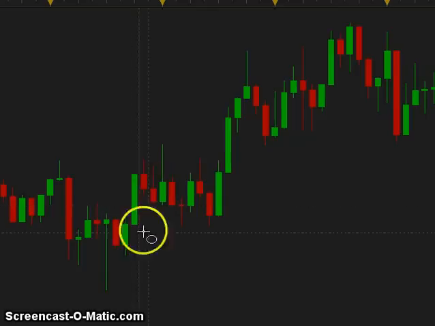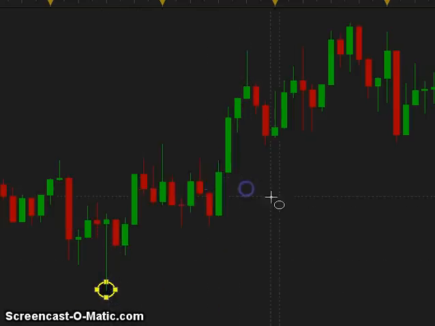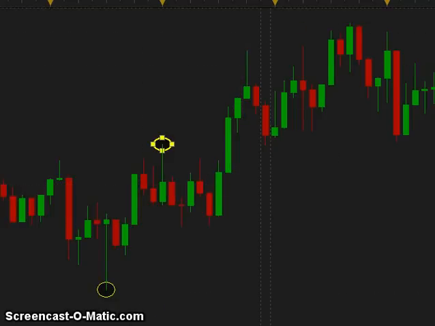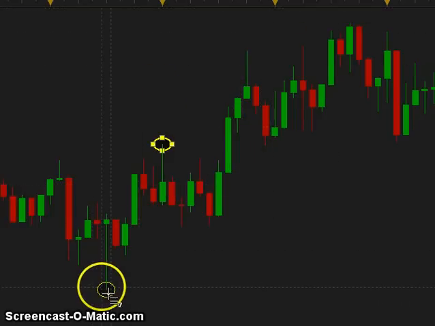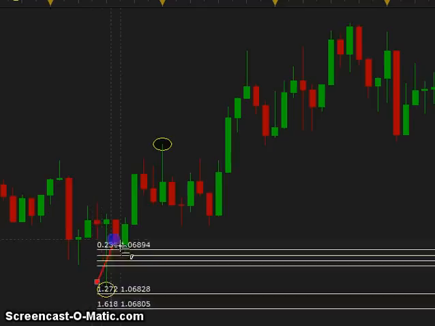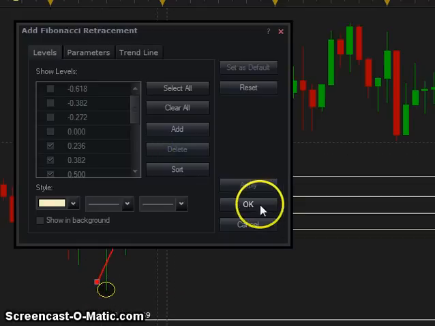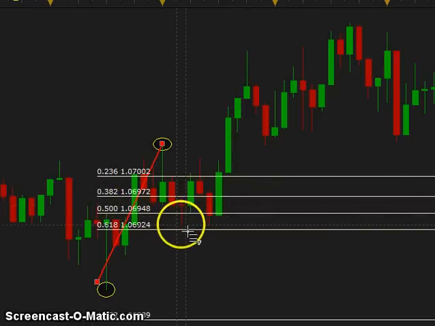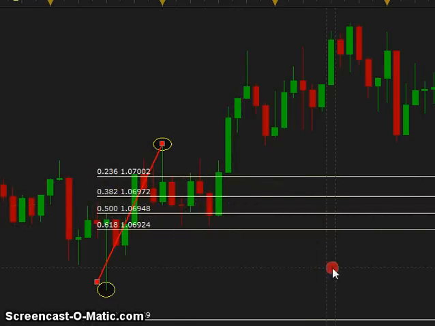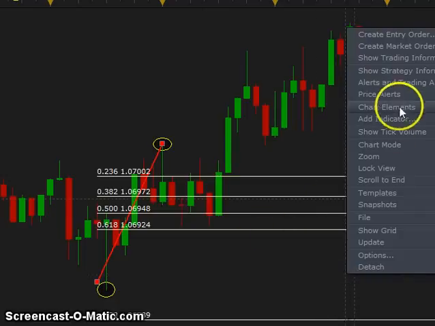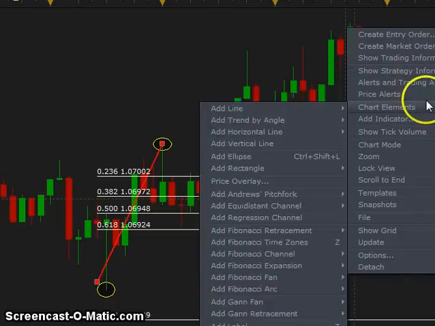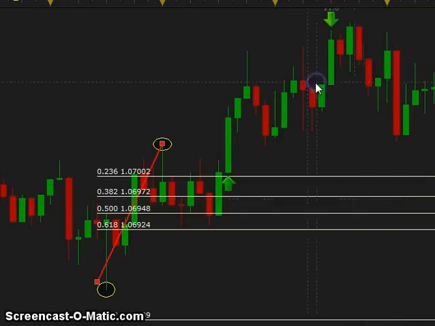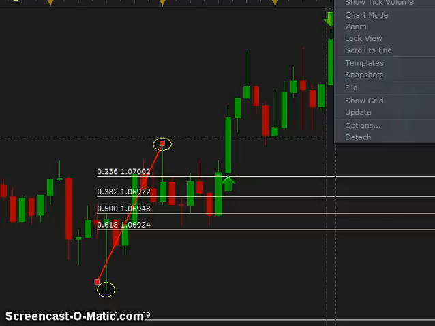So if you can see these 2 wicks here, I'm going to put a circle there, okay? So I saw this move, and I took my fib from the low to the high with my fib tool, okay, and I can see that price, oh, and I'm actually in some trades, so I'm going to show our trading history, okay, and show trading orders, okay.